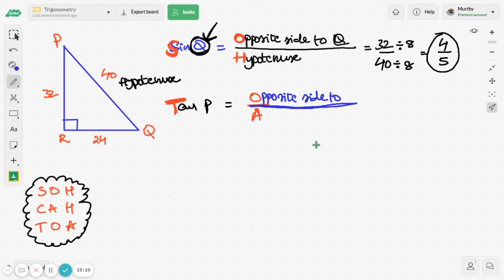It is opposite side to, as I told you before, this one is really important, this particular letter.